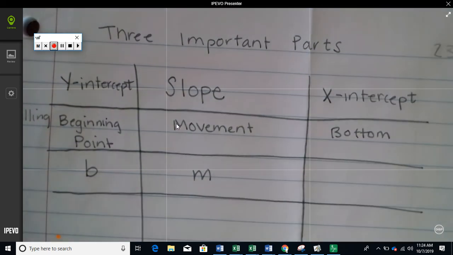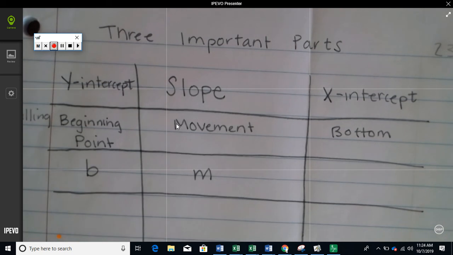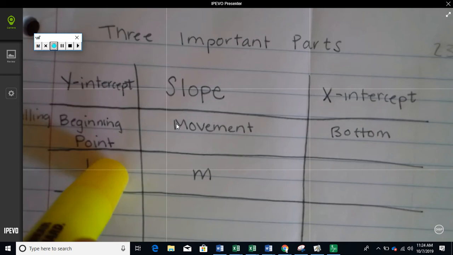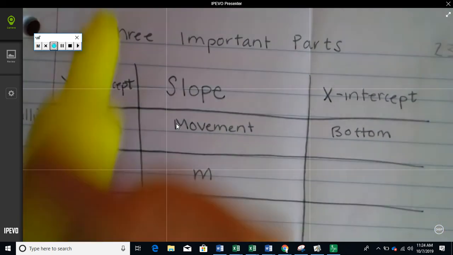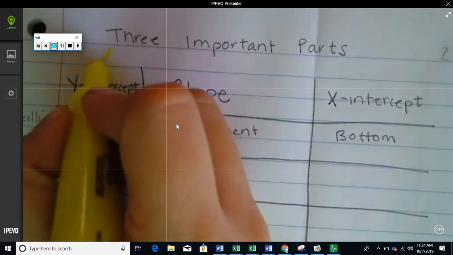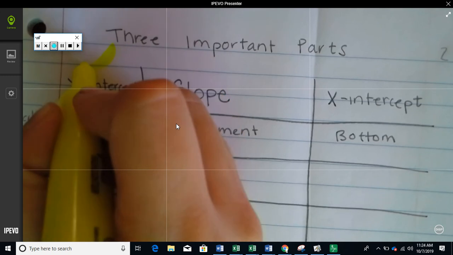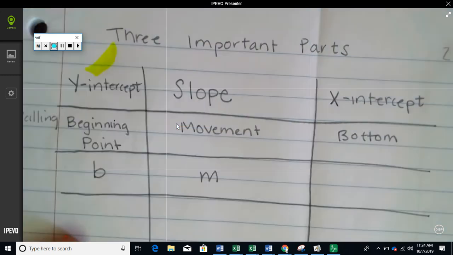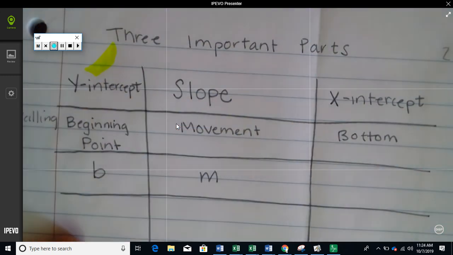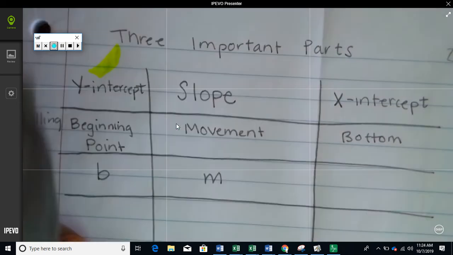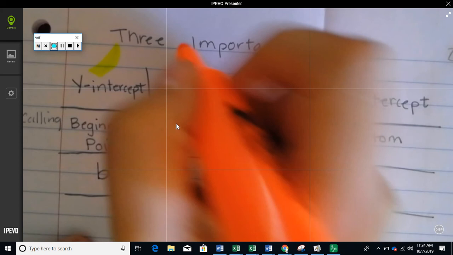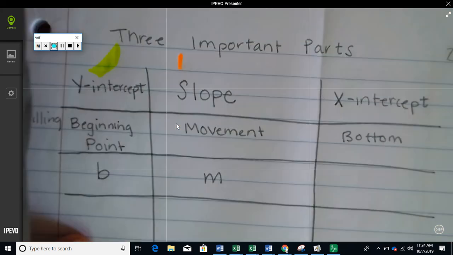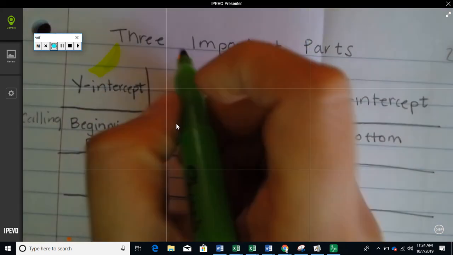Now, we have what we draw for them, like we have the cat for the solution, we have symbols for these, and I'll get you highlighters in just a minute. For the y-intercept, B for banana, B for beginning, B for the y-intercept, so we're going to draw a banana. Think about Minions when they said banana. For the slope, you have these highlighters already. You can go ahead and draw them. We draw stairs. So you draw the orange, then the green.